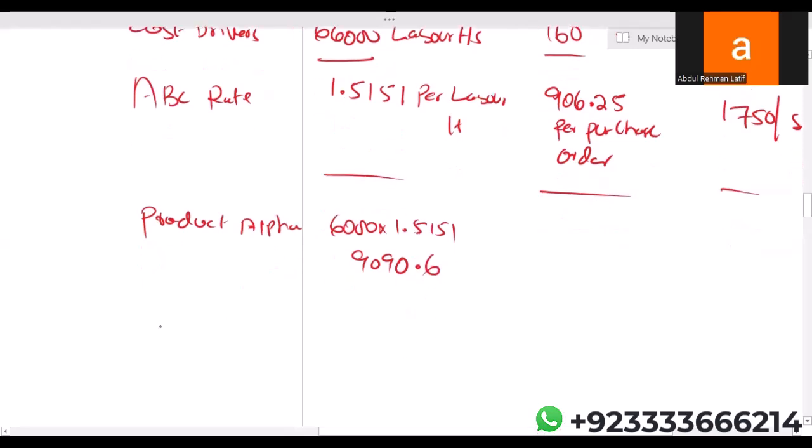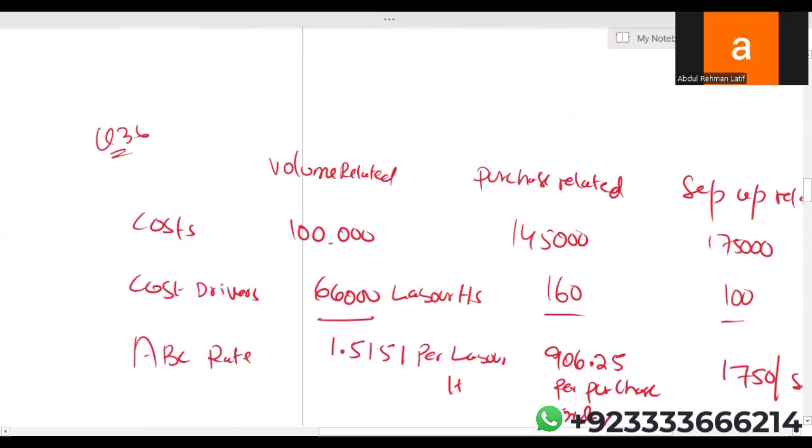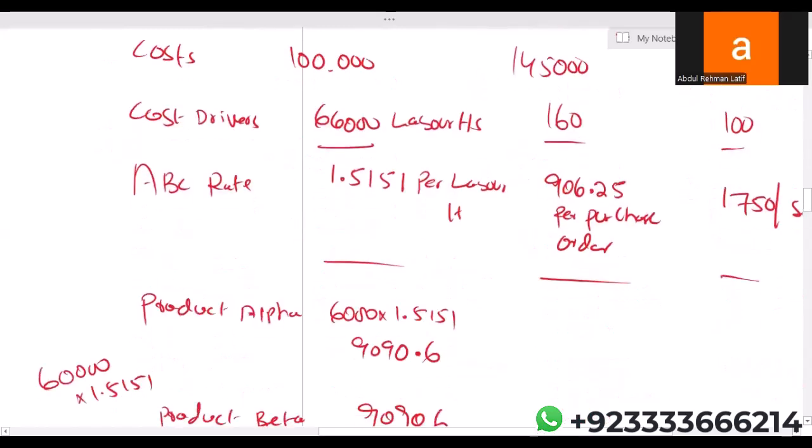Beta: simply for beta, we have 60,000 labor hours into 1.5151. So 60 multiplied by 1.5151, we're getting 90906. So we have allocated the volume related cost, that is how much volume related belongs to alpha and beta.